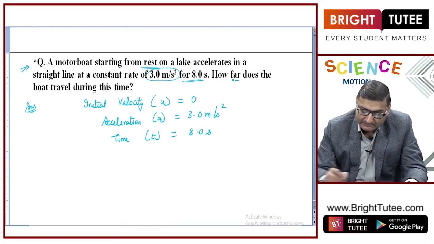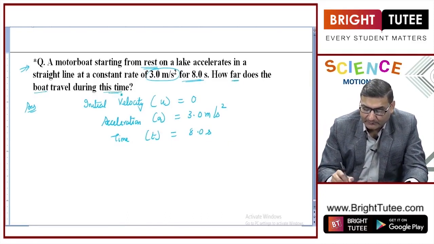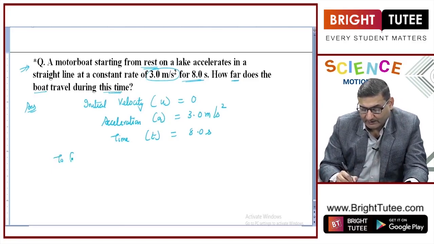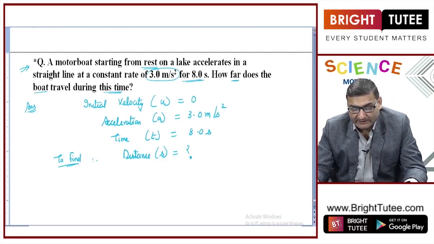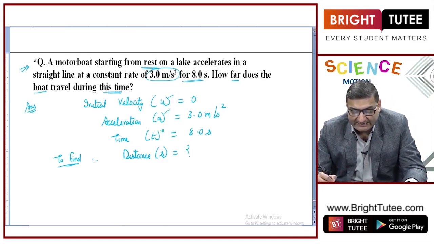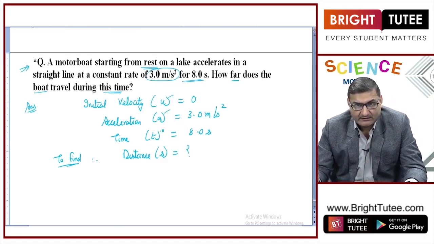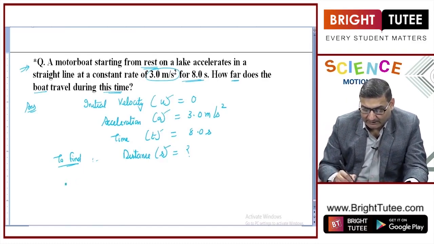How far does the boat travel during this time? What we need to calculate is the distance travelled by the boat during this time. What we are given is u, a and t. Fine. And we need to calculate the distance.